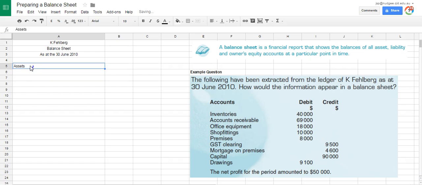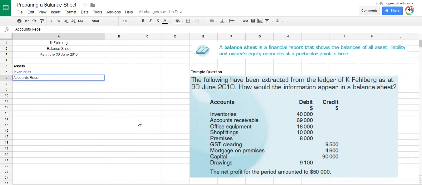Now that's a big deal, so I'm just going to bold that and go through your trial balance here and find all of your assets. So inventories are an asset, accounts receivable.